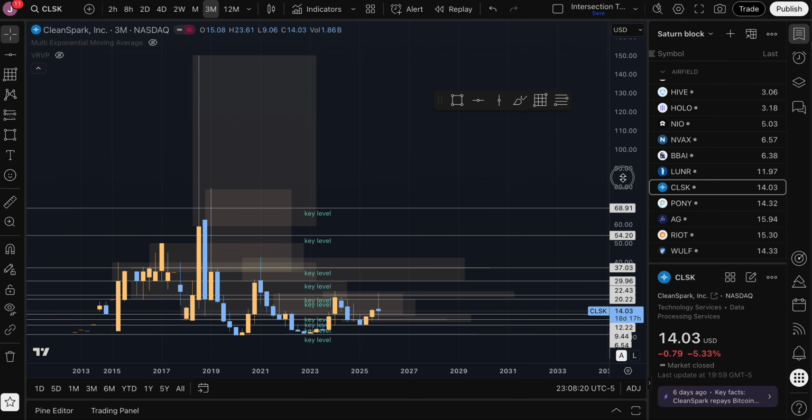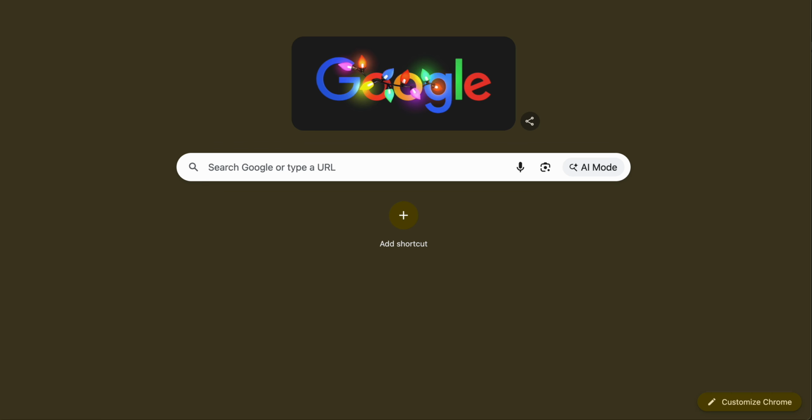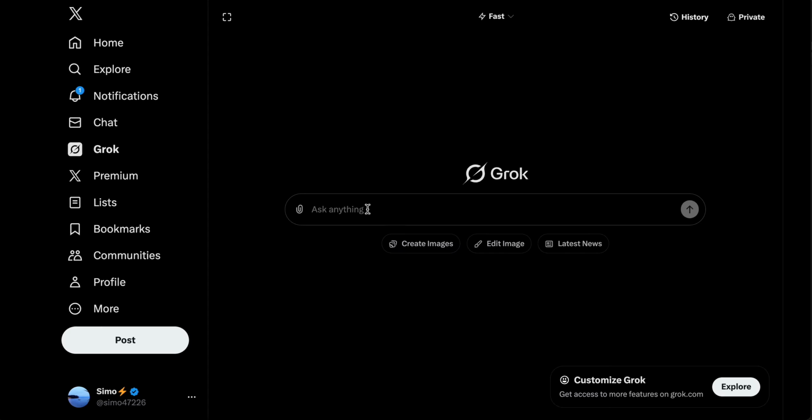So when we check with AI, it usually likes to give a low and a high, but we'll ask it. Strongest 10 key levels for, what are we doing?